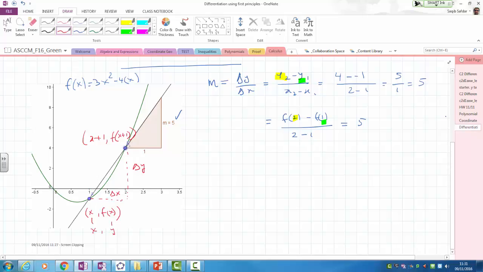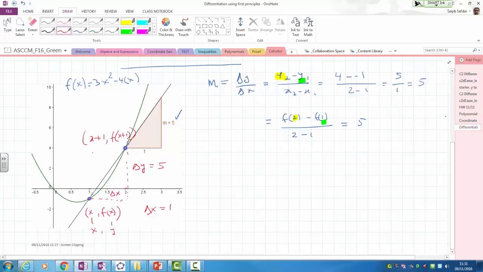And then some distance away, there's another coordinate. Whatever distance this is, this is 1, and this is 1. So the difference here is 1. Agree? The change in x here equals 1. And this change in y, sorry, is 5. Yeah?